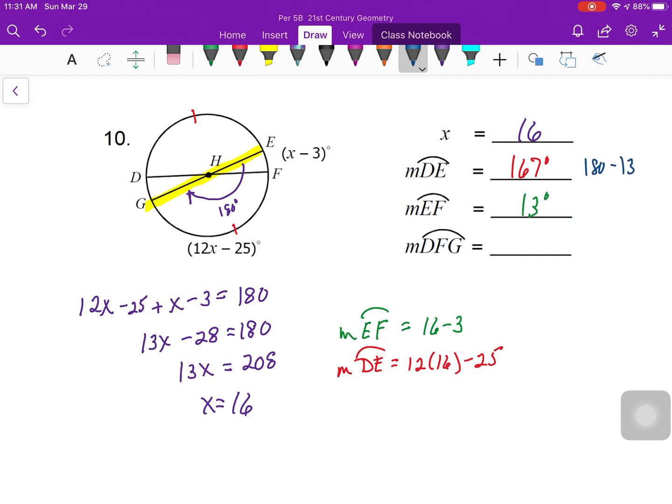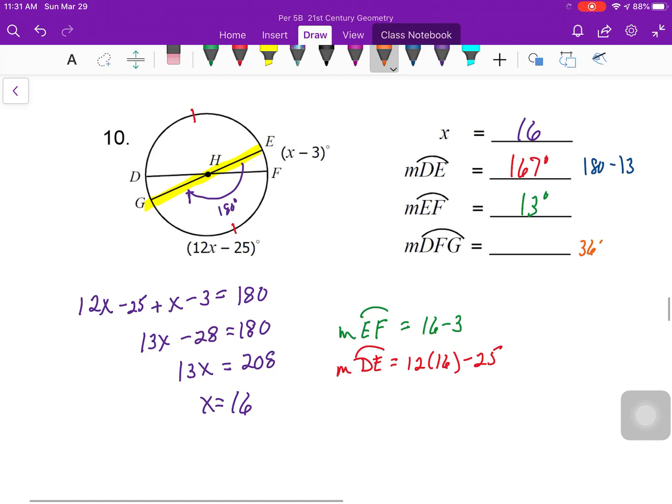Now I could have gotten that in a different way. I could have just taken 180 minus 13. That would have worked as well. And the measure of arc DFG, well again, that's almost an entire circle.